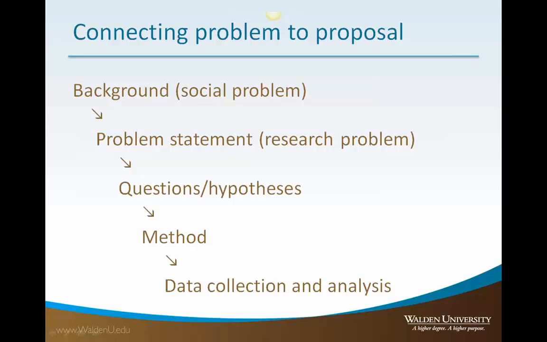Let's take that county water supply example. The county water supply is low. That's a social problem, but I'm going to need a lot more specific information to transform it into a research problem. Why is it low? Is it low because people in a certain part of the city or county are using it more than others? Does that mean that there's disproportionate availability of water?